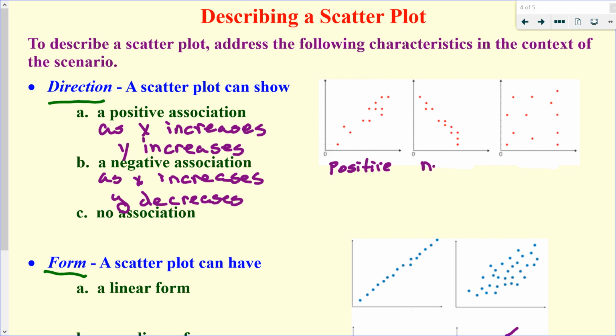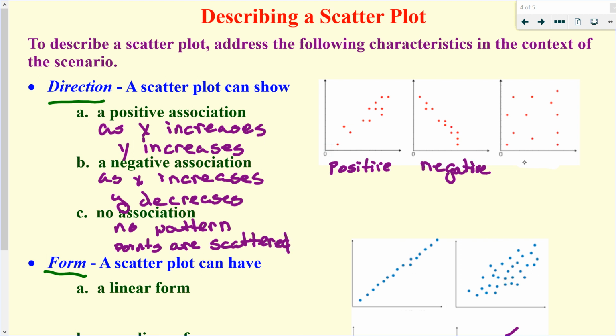So this is negative. Now, no association, there's no pattern. This is where you get the idea of a scattered plot most often. Points are scattered. And here we have no association.